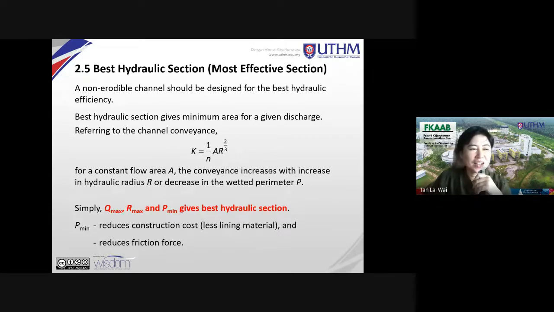Now let's look at the best hydraulic section. Another thing, actually, there are a few cases of academic integrity. I believe you probably have heard of it. There are a couple of students who were caught trying to get answers, especially from internet sources, because apparently some of the lecturers found out.